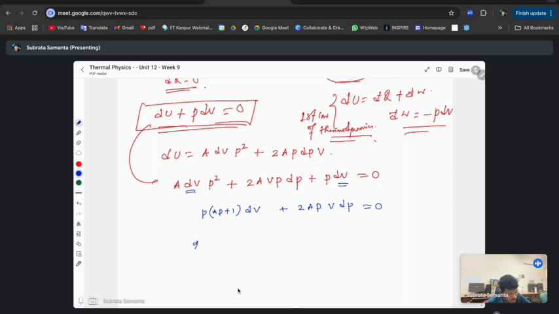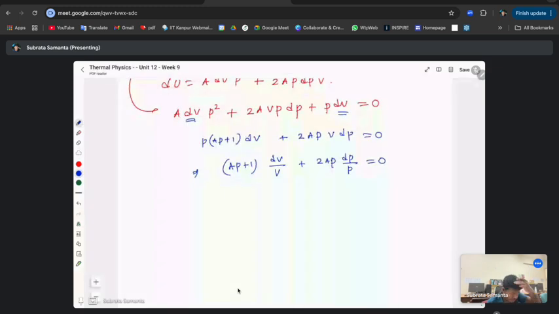So this implies (AP plus 1) dV over V plus 2AP dP over P equals to 0, right?